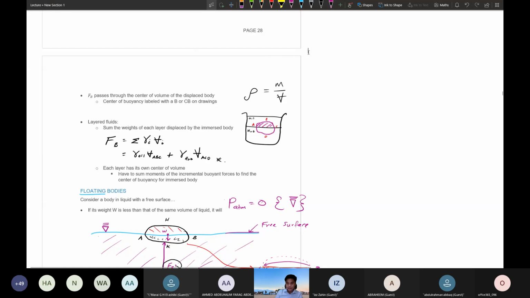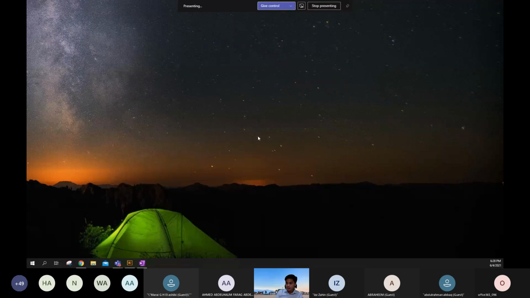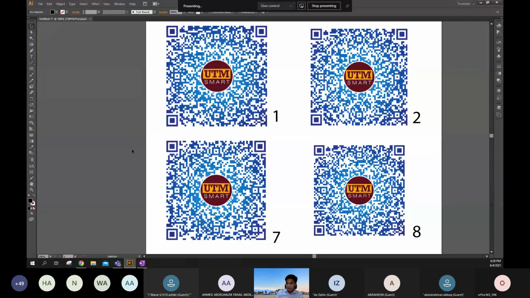We end our session, which covers this week's lecture: the curved surface and the buoyancy force. For those unable to get your attendance, please do so before we close our session. Do you have any questions so far?